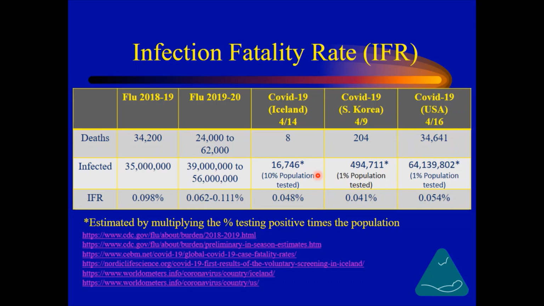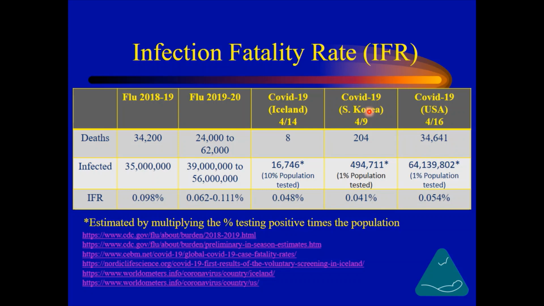This is the data that we get from that. They had, as of that date, 8 deaths, and they estimated that they had 16,746 people infected. That comes out to an infection fatality rate of only 0.048%.